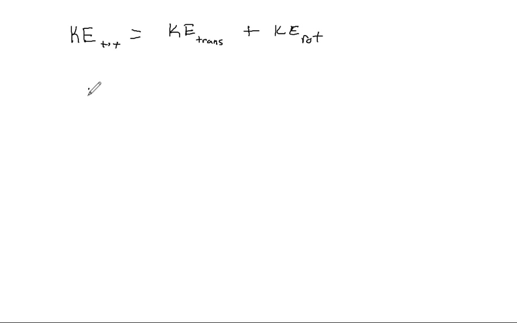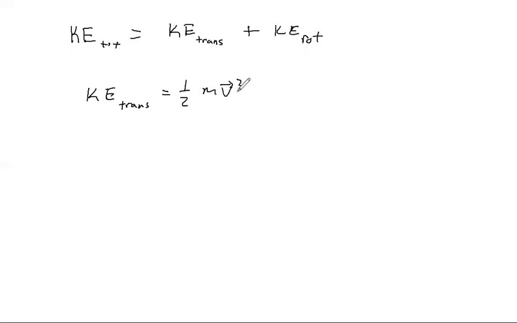And the formula for the translational portion is going to be the familiar one, one half m v squared.